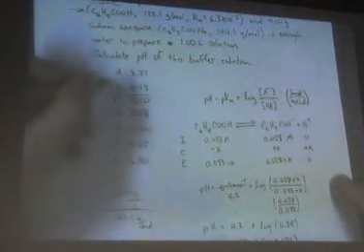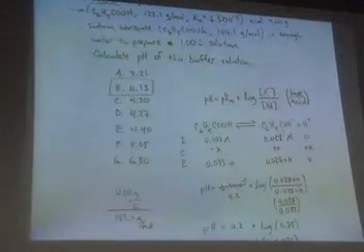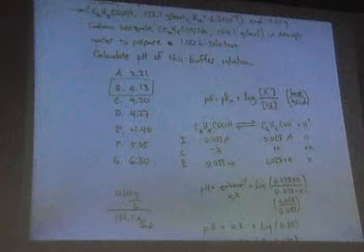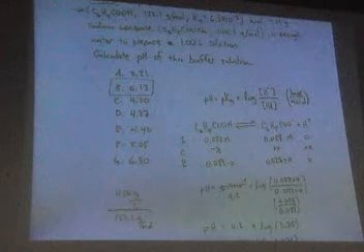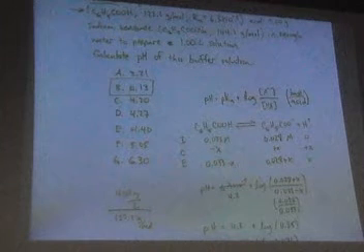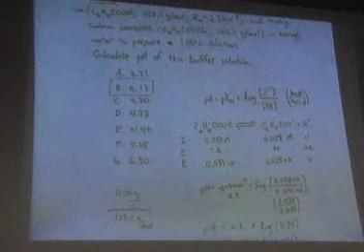This one. Any other questions on that? If Ka is smaller, do we have to do the ICE table? If K is larger, you mean? Yeah, it's larger. Yes, but it probably won't be.